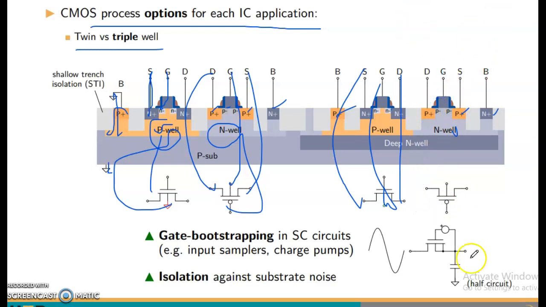Here this gate here, this one, this drain here, source here. This one is dependent. This equal, this is this and not this.